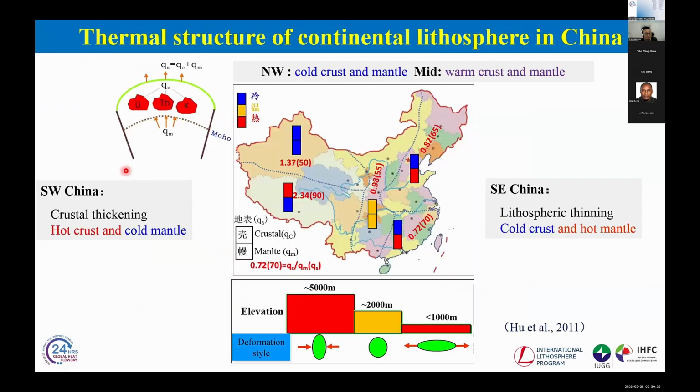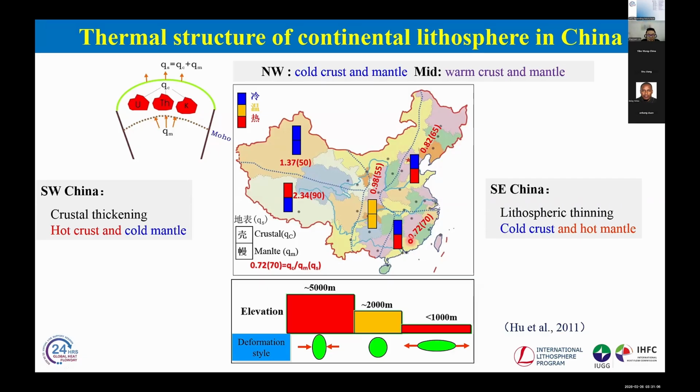So this is the thermal structure, the deep information about the thermal state of the lithosphere. They also show a similar pattern from the east to the west. We can get three types. For the first one, we see Southeast China. For this part, the mantle is quite high in temperature, which means a hot mantle, because the lithosphere is thinning, so the crust and the lithosphere are quite thin.